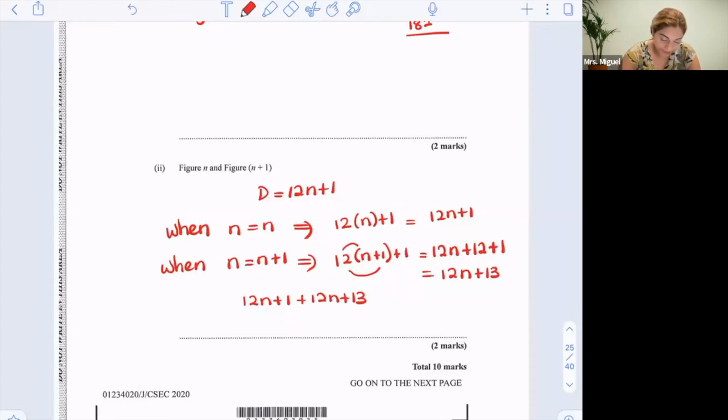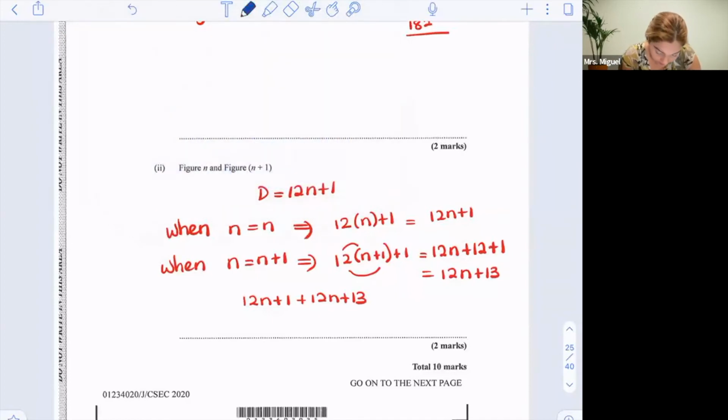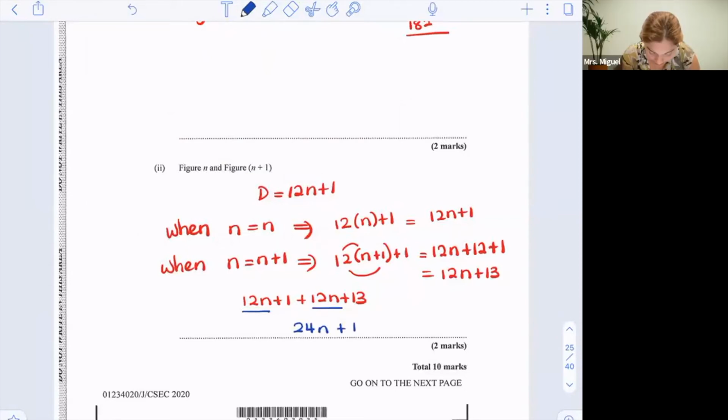Who would like to give me the answer? 12n plus 12n plus 14, which is 24n plus 14. Is there anybody else who got that?